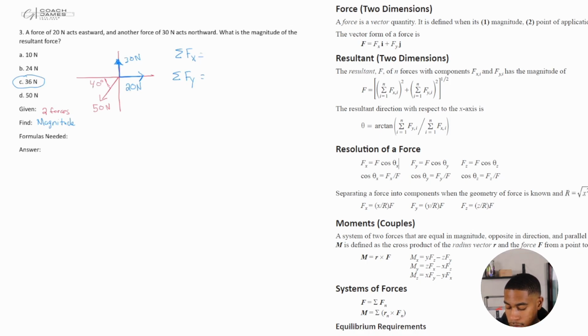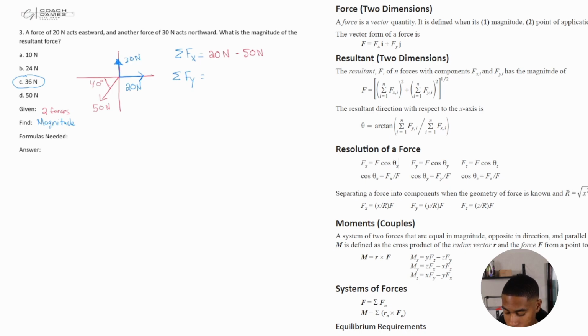All right, so what would the sum of the forces be? I just want you to make sure you have the right signage. So the sum of the forces in the x would be 20 newtons, right, from our force going to the right. The one that's going up has nothing to do with the x. What about this 50 newtons now? It is going to be a negative 50 newtons. And would it be sine or cosine?